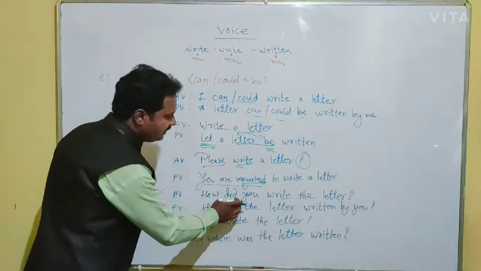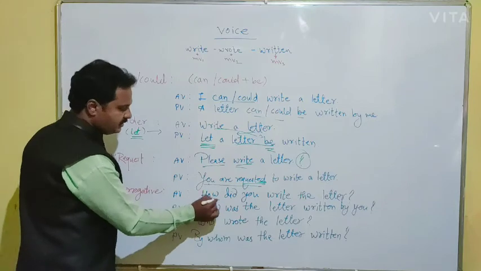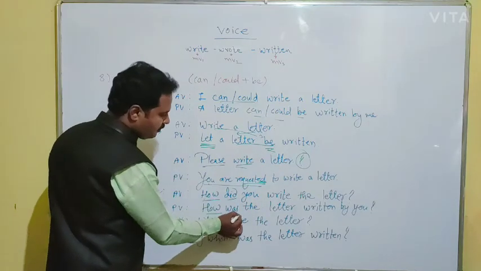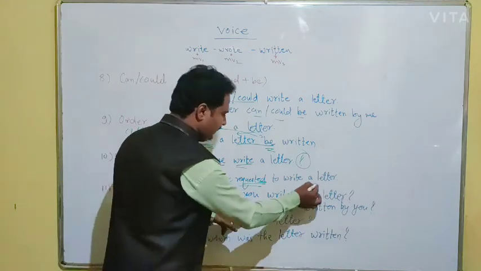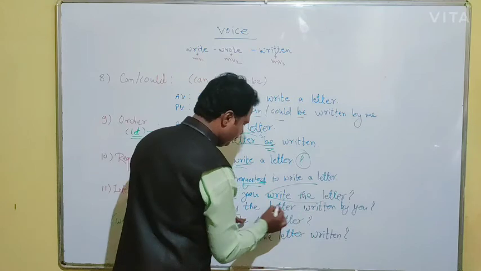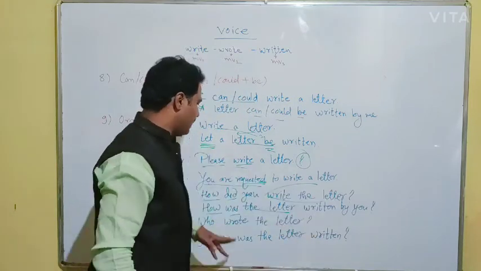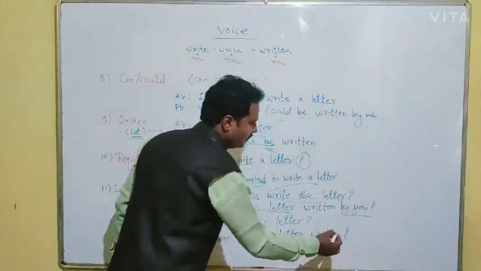The question starts the same because the question mark is there. How did becomes how was, as past tense is there. How was the letter written by you? We use the third form, and the doer we put here.